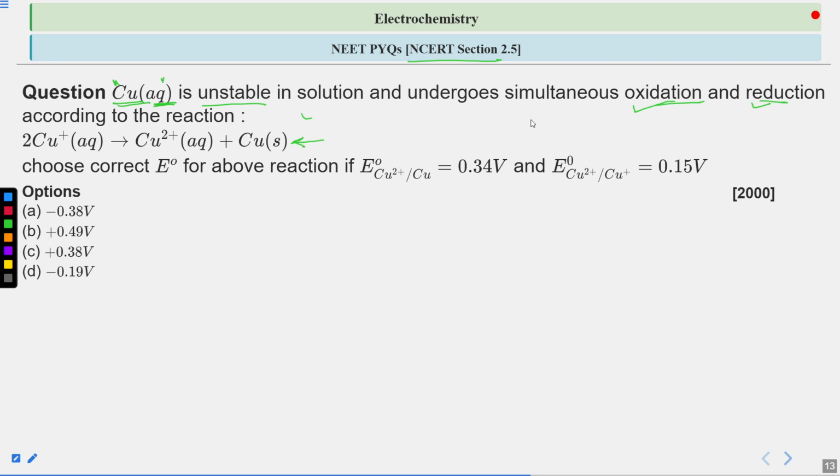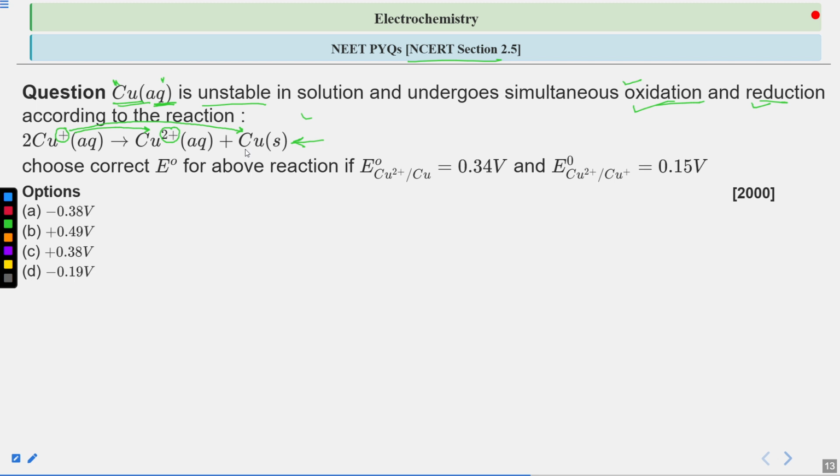Simultaneous means at the same time it is undergoing the oxidation and the reduction process according to the reaction 2 Cu+ giving us Cu2+ plus Cu. So if you see, the copper in the +1 state is going to copper in the +2 state, that means oxidation is happening, and copper +1 is also going to copper in the 0 oxidation state, neutral charge, that means it is going from +1 to 0, that means reduction, right?